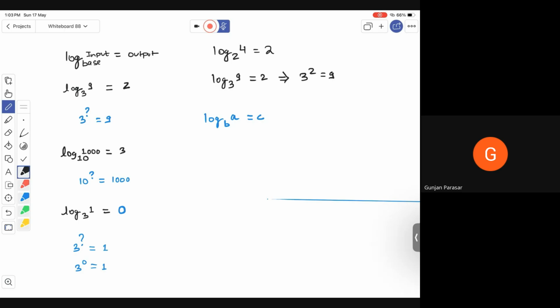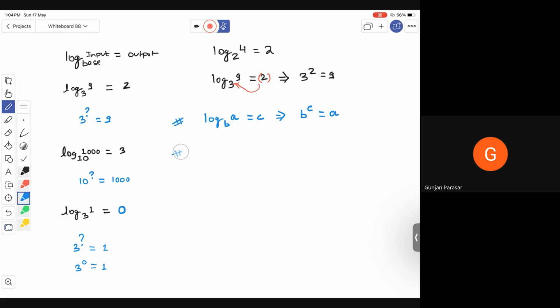Correct, no? So what really happened is the 2 which is on this side went to the power of 3. The same kind of thing we are going to do here as well. Log having base b input a is equal to c. If that is true, then b to the power c will be equal to a. Clear, no? That is the first rule of the log.